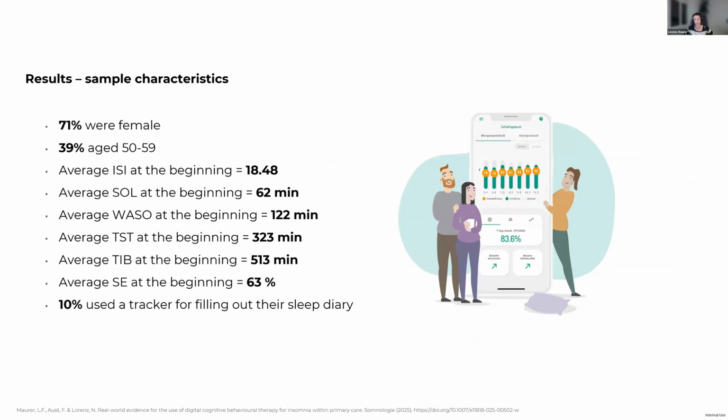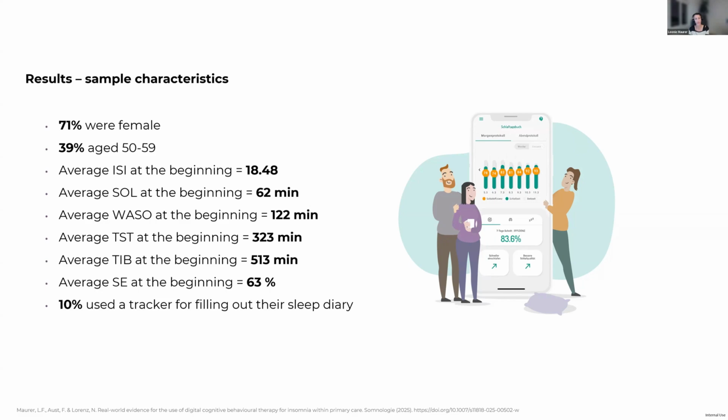One thing I thought was really interesting was even just looking at the baseline characteristics. In this 5,000-user cohort, 71% were female, so very highly prevalent amongst women. 39% were aged 50 to 59, the largest age group.